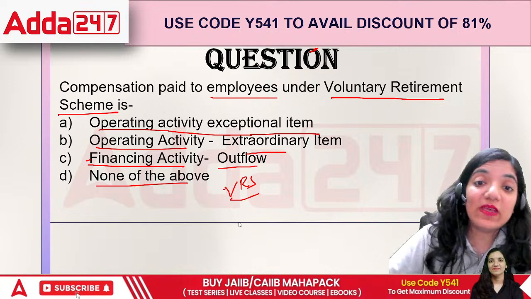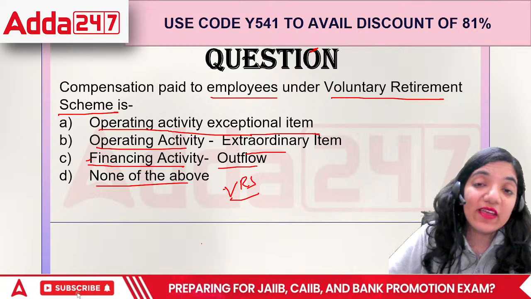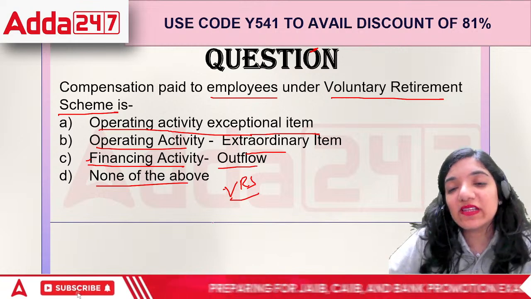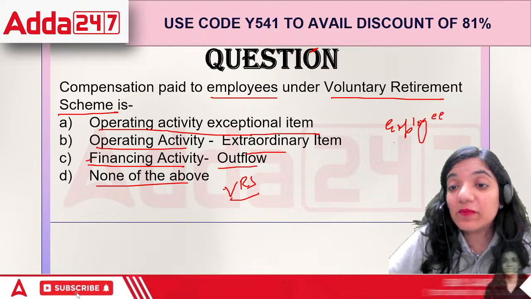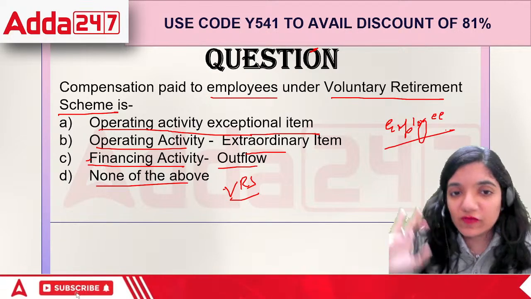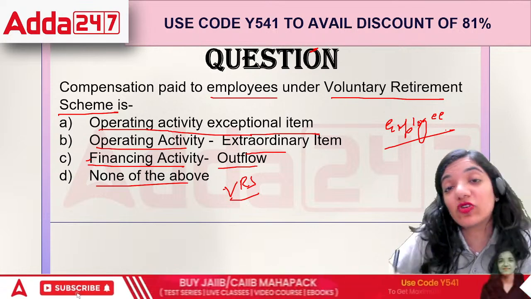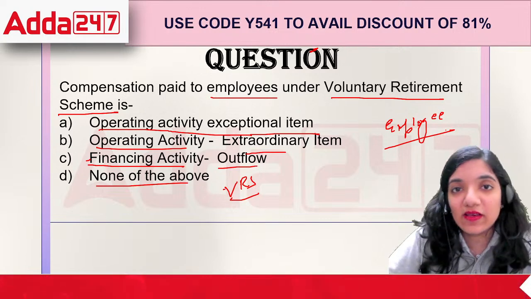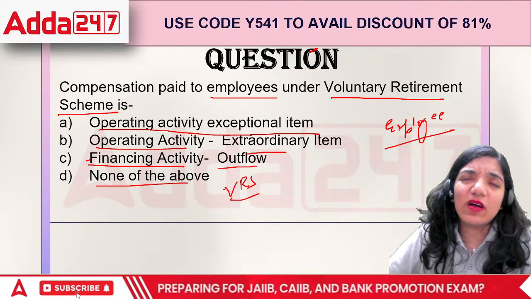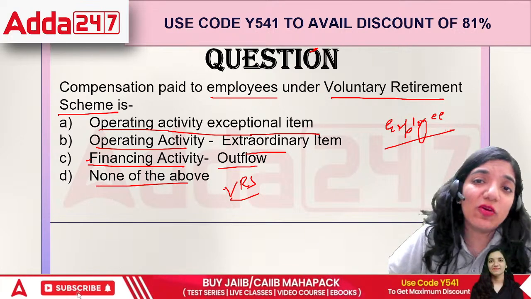Normally, it is an operating activity. Why? Because people are working with us, so there is an employee working with us, and that employee is being paid a specific amount. So first of all, it's an operating activity. But is it an exceptional item or an extraordinary item? See, people don't leave the organization early every single day. That is something less common, right?